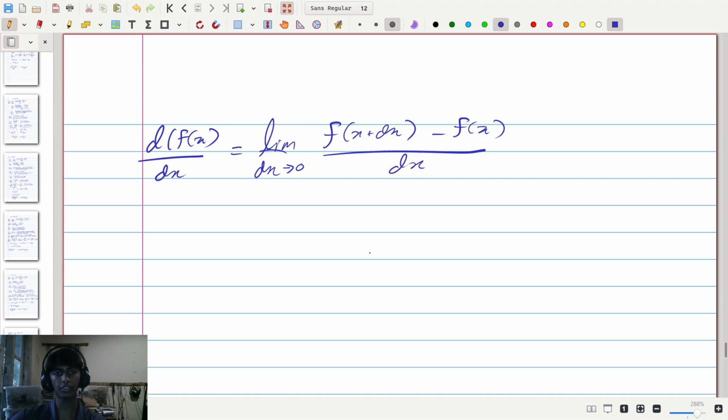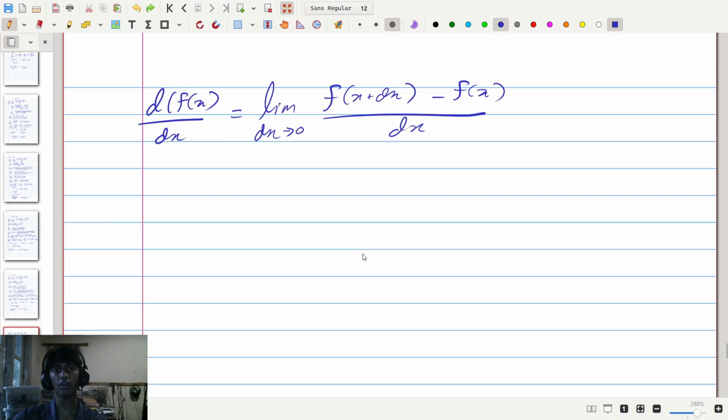We then discussed a certain set of common derivatives. One common derivative is x to the power of n, which gets reduced to n x to the power of n minus 1.